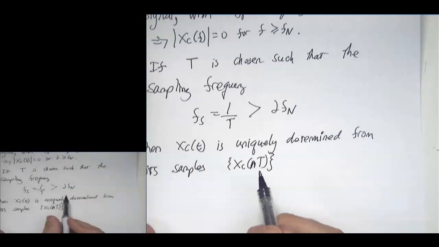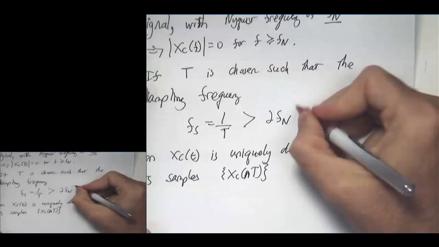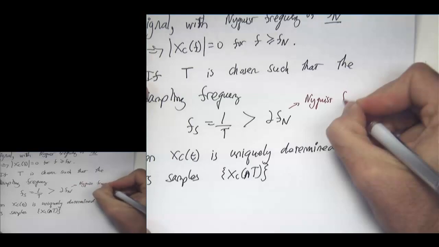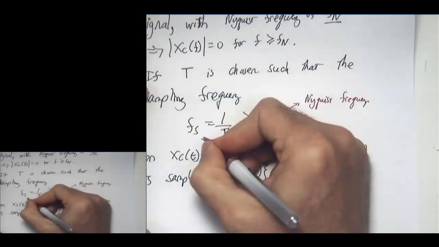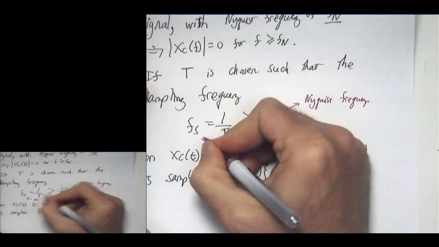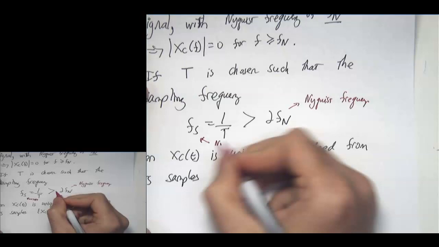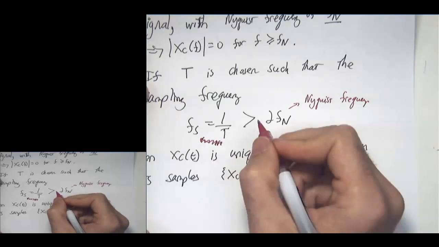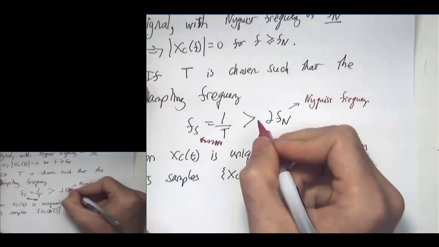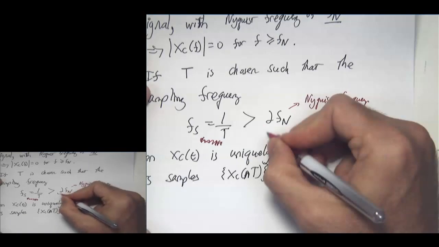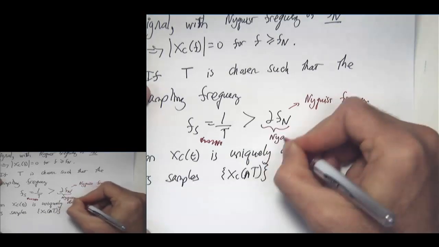And so some notation here. I'm going to call f sub n the Nyquist frequency, and, sorry, let me see here. I should say that slight difference in notation here. So f sub n is the Nyquist frequency, and 2 f sub n is the Nyquist rate.